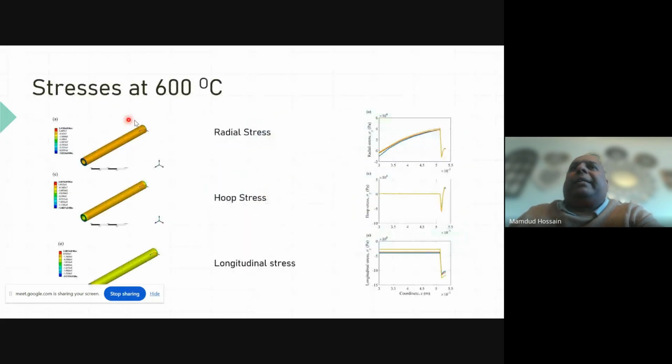So we have looked at stress at 600 degrees Celsius, and we can see in this type of structure, hoop stress is usually the highest stress, and you can see the hoop stress on the outer layer is very high. If you look at longitudinal stress, also at the end, you can see stress along the tube.